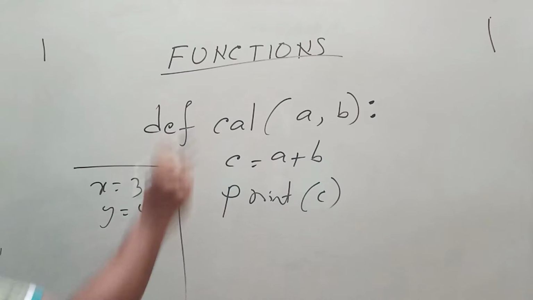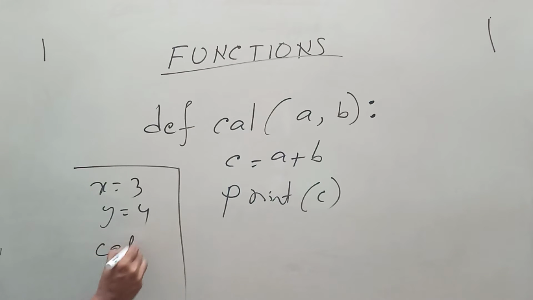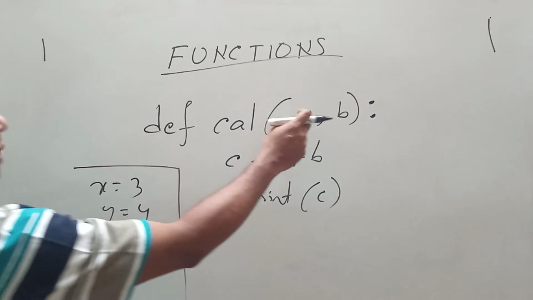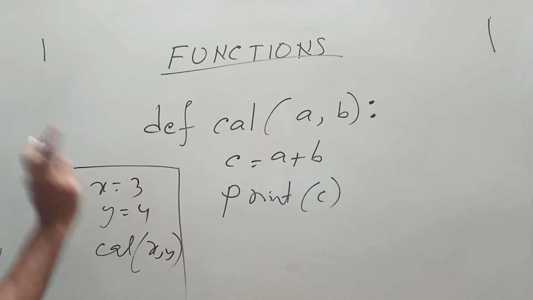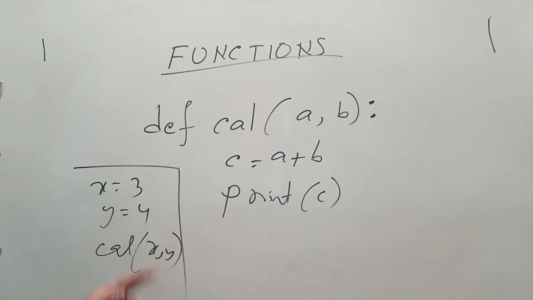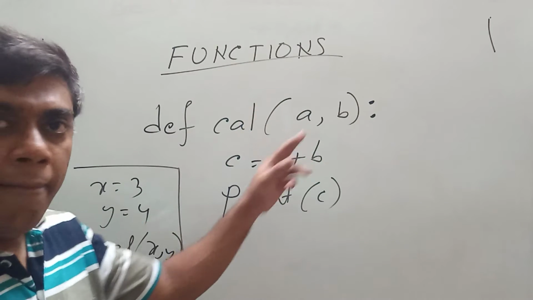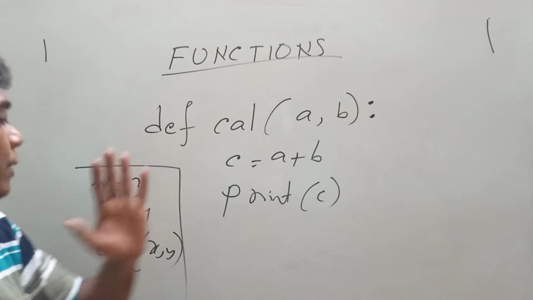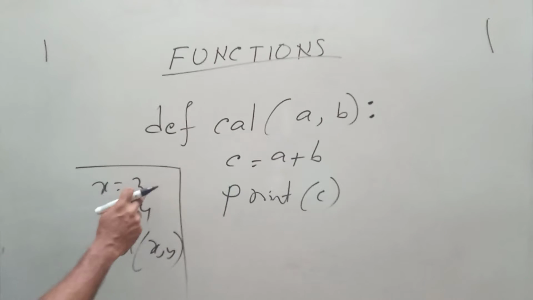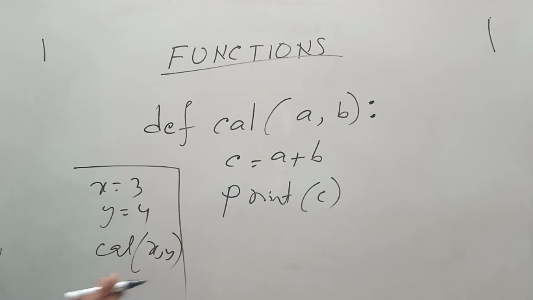Now, if you want to call the function, we have to write cal within bracket x comma y. Okay, if you want to call any function, just write the function name. Here there are two arguments A and B, and here there are two arguments x and y. It means the value of x will go to A and the value of y will go to B. As the value of x is 3, y equal to 4.